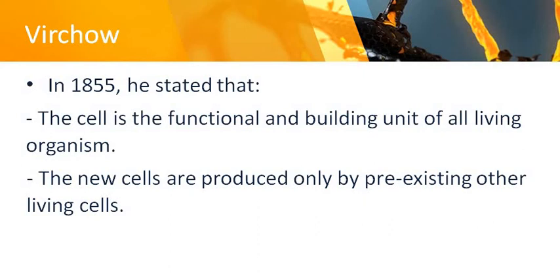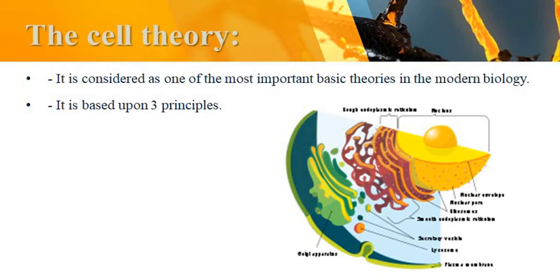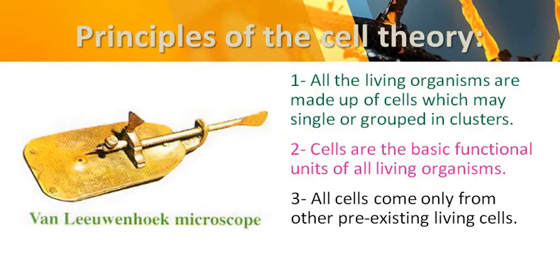From all these scientists, we put together the cell theory, which has three principles. Let's know the principles of the cell theory, as it always comes in the exam. Number one, all living organisms are made up of cells, whether multicellular living organisms or unicellular living organisms.